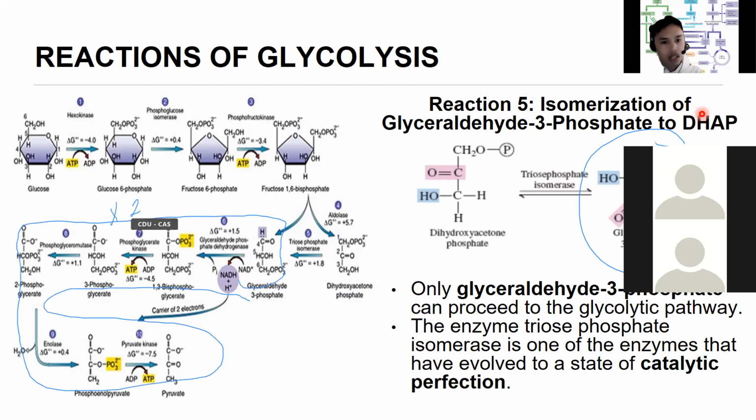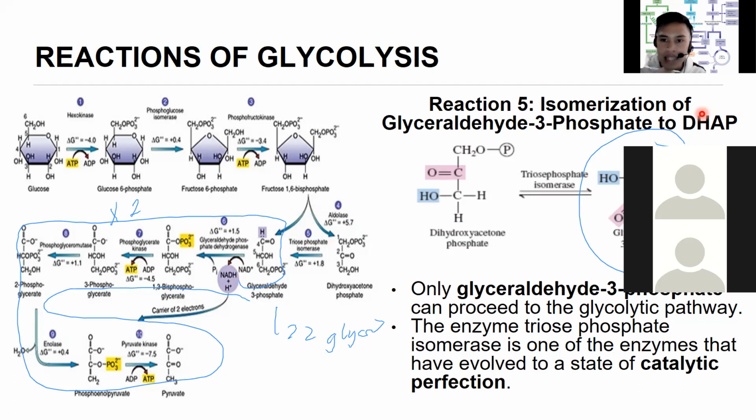Whatever byproduct is produced in steps 6 to 10 is already times 2, because we already agreed that there are 2 glyceraldehyde that enter and continue the glycolytic pathway. Do you follow?